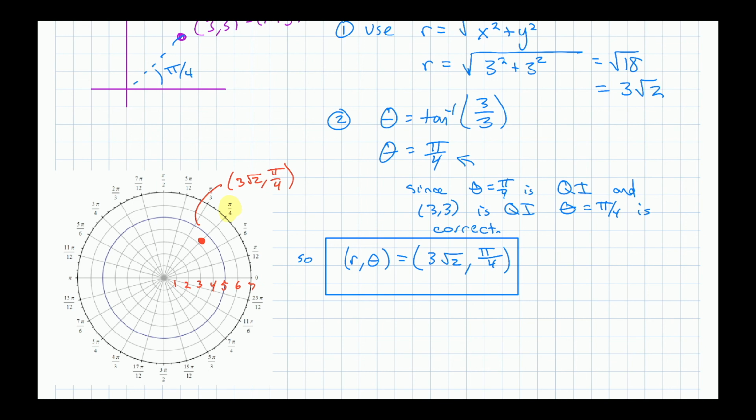But what we need to do is do this in a more complicated problem here. Let's see here. Convert polar to Cartesian? Nope. Convert Cartesian to polar. Yes. Okay, this one is good.